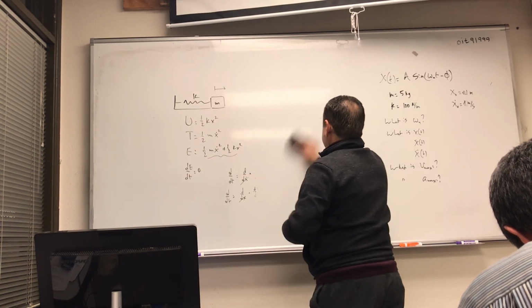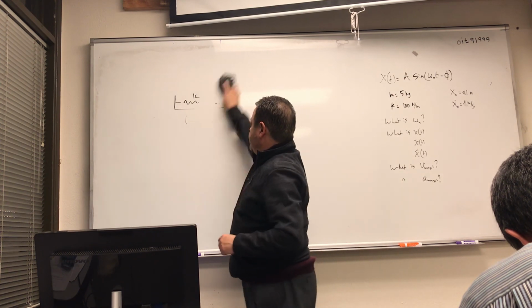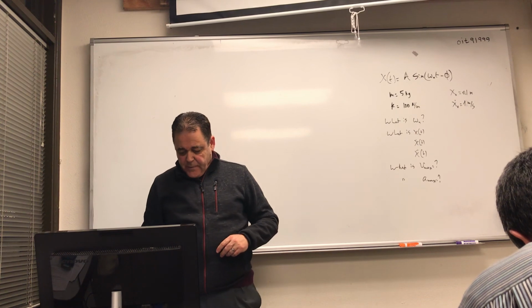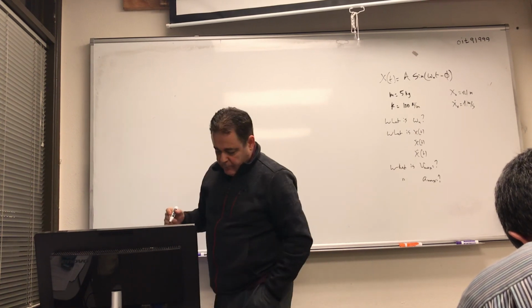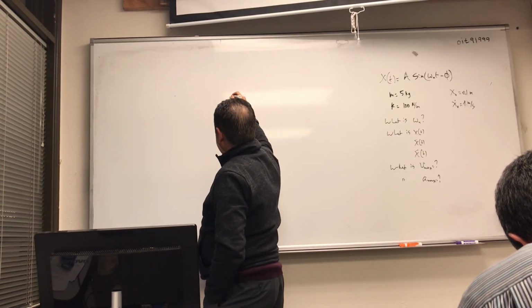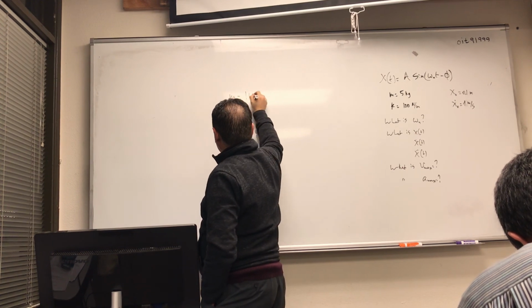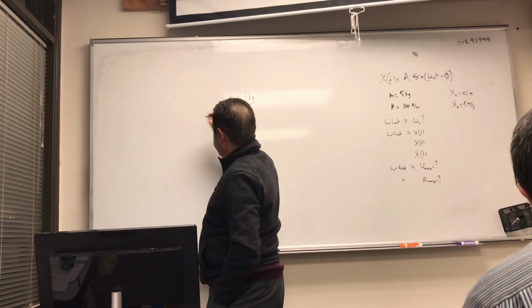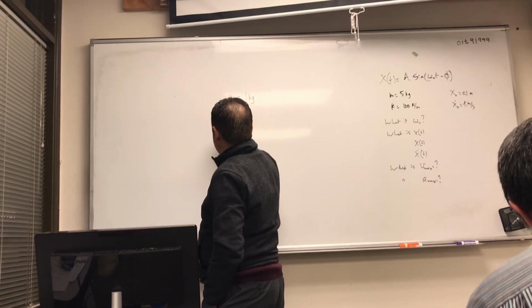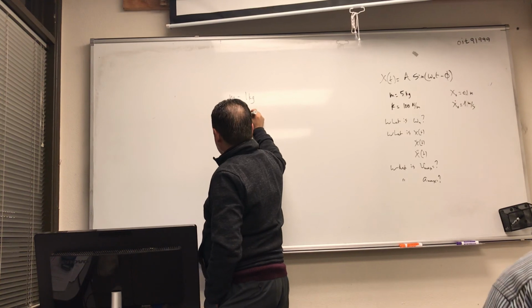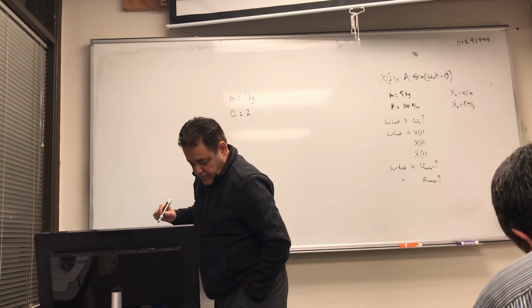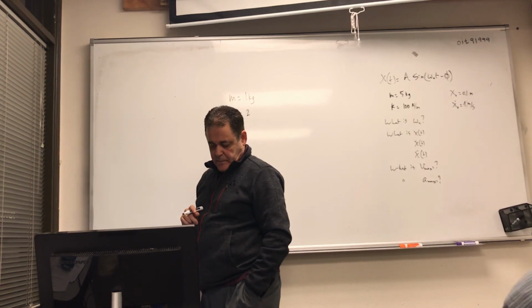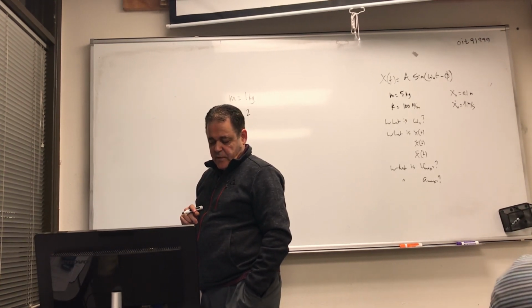If you have a vibrating system that has a mass of 1 kilogram, right, a damping of C equals 2. By the way, what is the unit of damping?